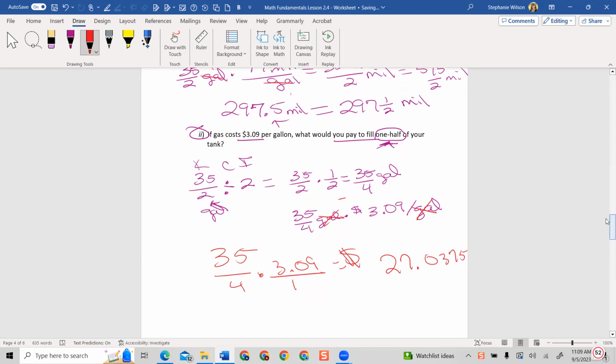It only goes out 2 places, to the hundredths. So I'm going to have to see if I need to round or just drop off. The second decimal place is what we need. So I'm going to look at the number directly behind it, and ask myself, is it equal to or greater than 5? Is this 7 equal to or greater than 5? Yes, it's greater than 5. All we need is a yes for either or. If that's so, I'm going to add 1 onto this 3. So now I got $27.04. Thank you.